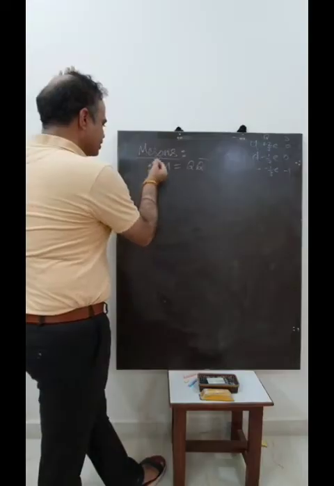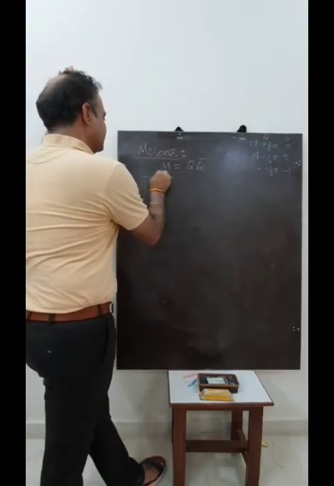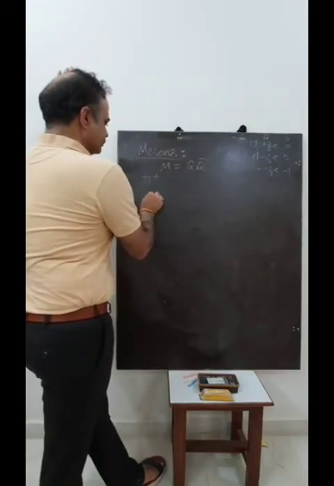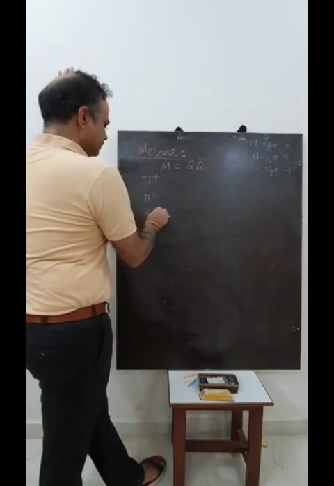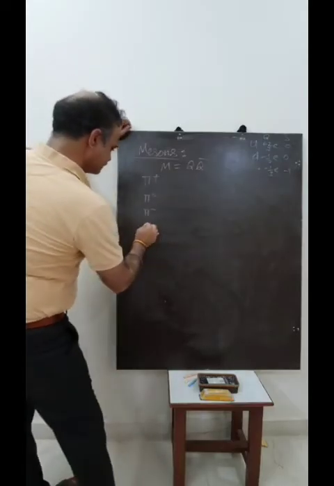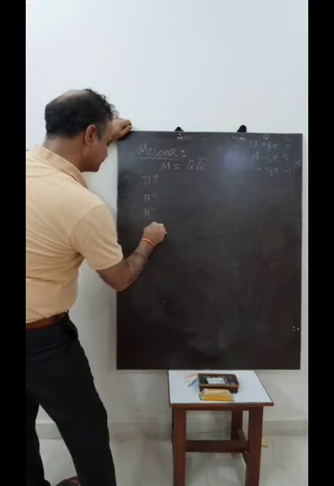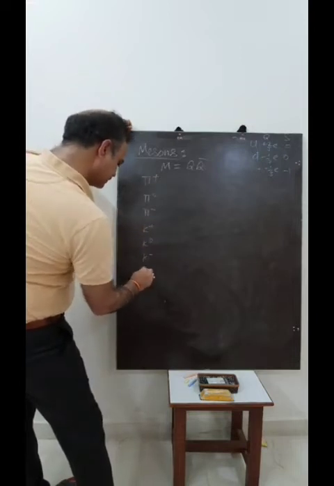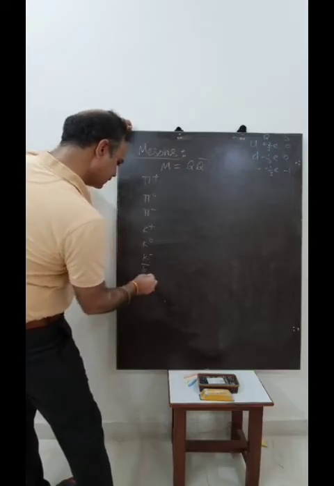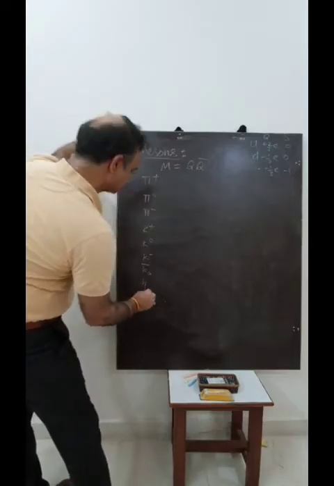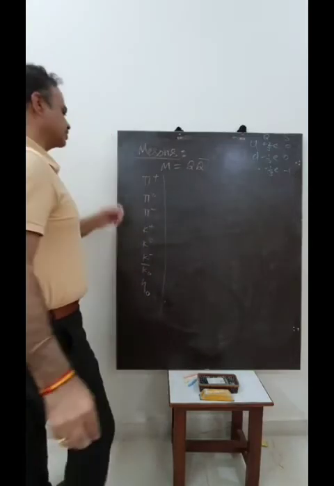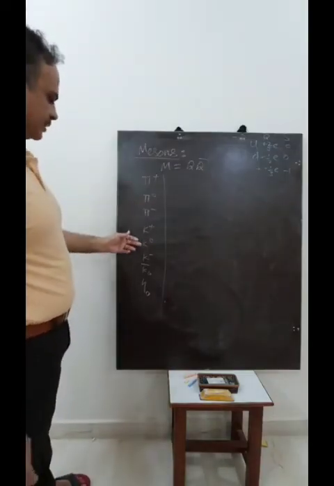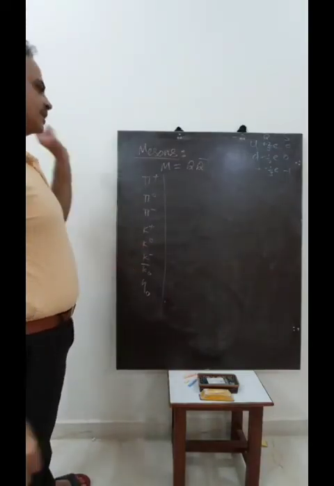Then mesons are like pi plus, pi naught, pi minus, K plus, K naught, K minus, K naught bar, and eta naught. We will discuss these 8 mesons.